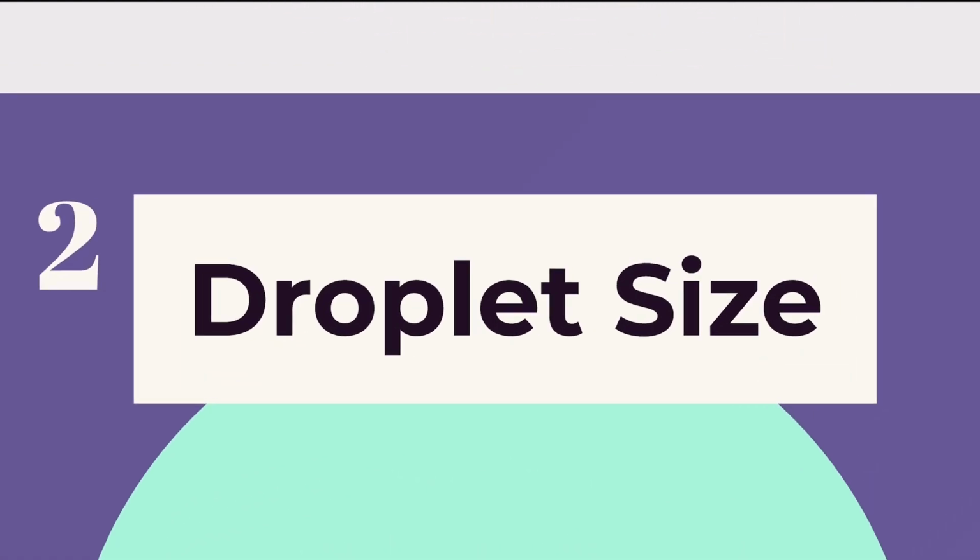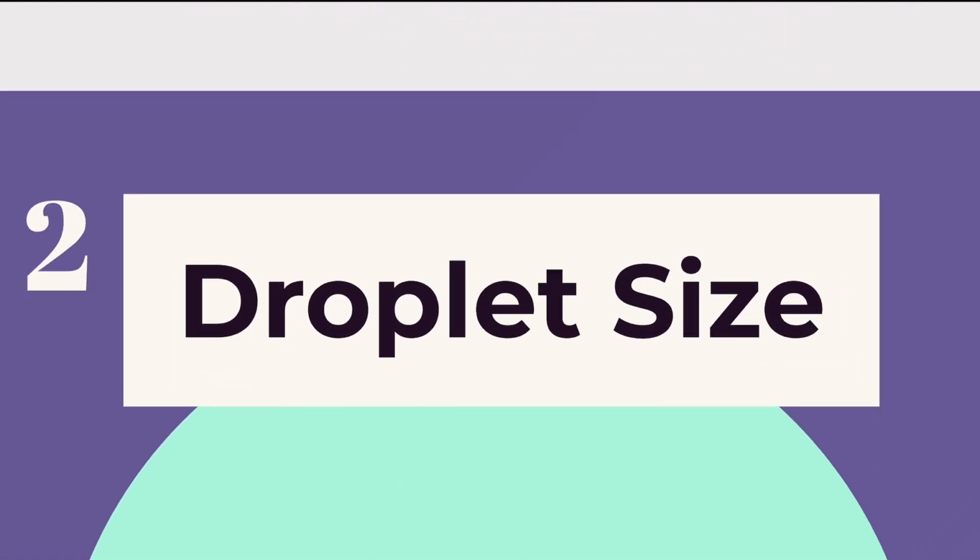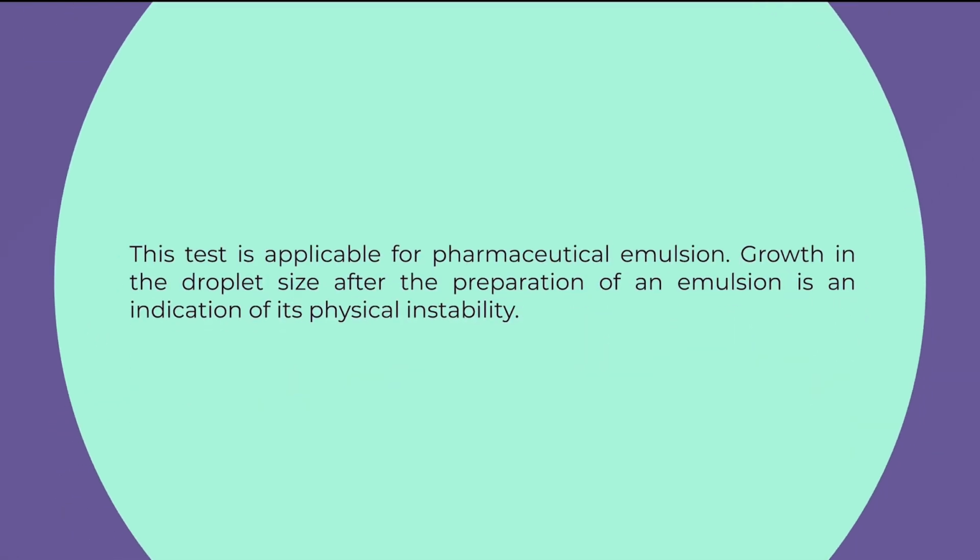Second type of emulsion, droplet size. This test is applicable for pharmaceutical emulsion. Growth in the droplet size after the preparation of an emulsion is an indication of its physical instability.